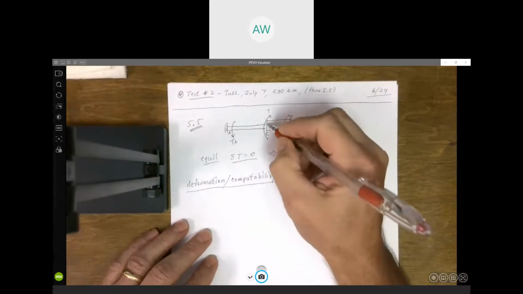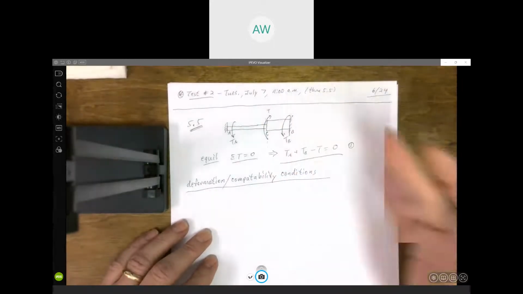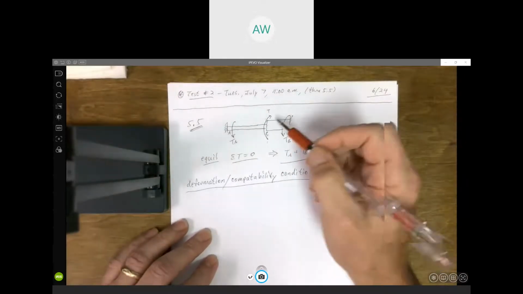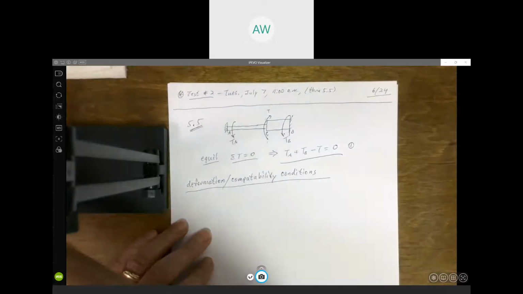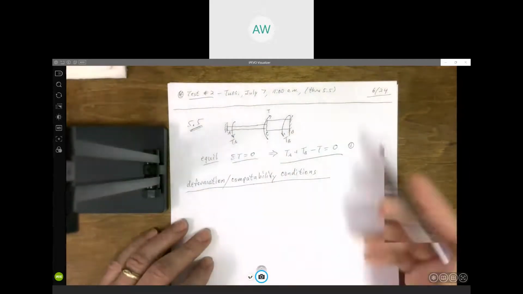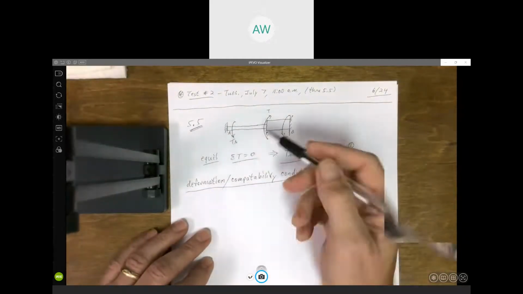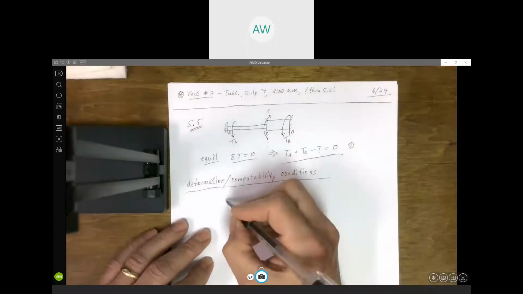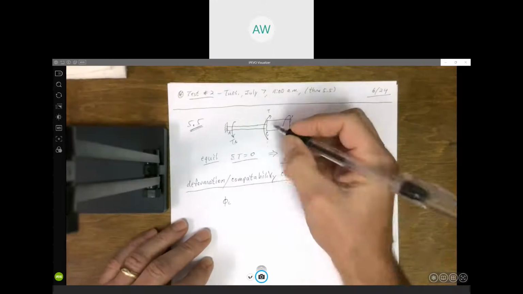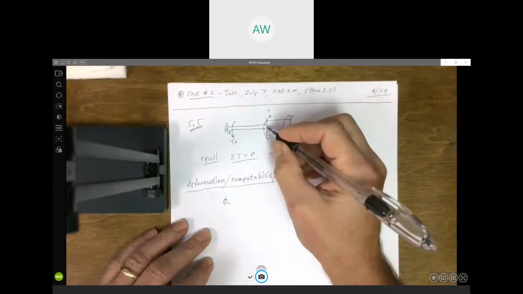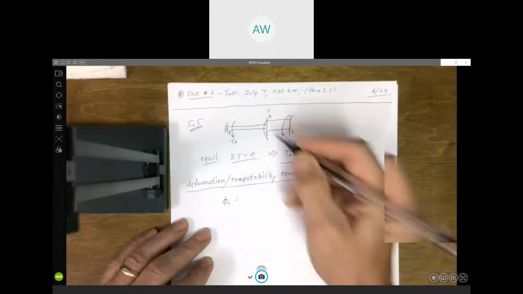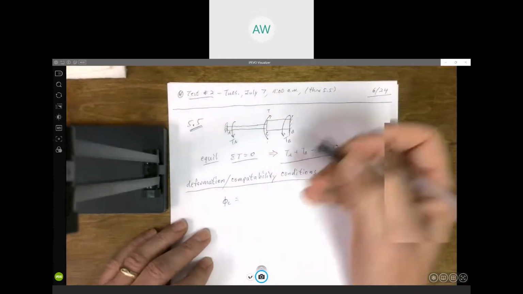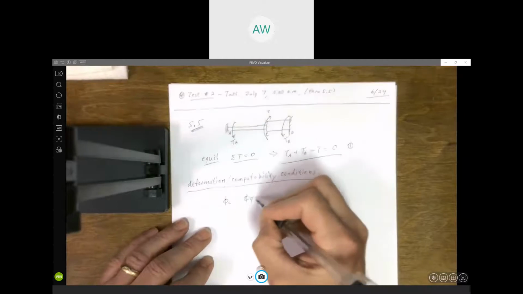If you can imagine if we cut it there, may not be right in the center, but let's see where this torque is applied. And if you look at the left side, this part of the shaft AC, then I know the angle of twist here at this cross section C has got to be equal to however much this part of the shaft AC rotates.